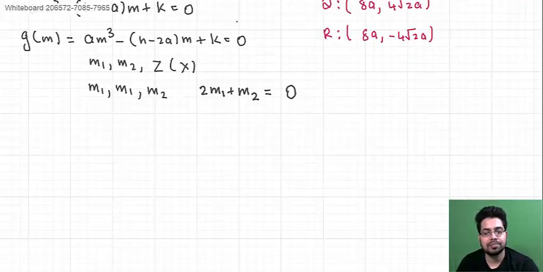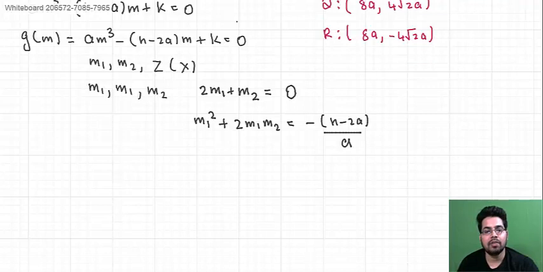Now if I take the product of the roots two at a time, I will get m1 square plus 2m1 m2 equals minus (h minus 2a) by the coefficient of m cube, that is a.